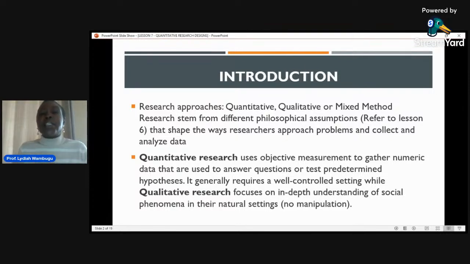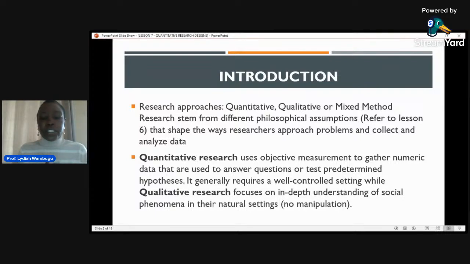But the quantitative researchers, or the positivists, look at reality as very objective. That is why we are talking about objective measurement, to gather numerical data that is quantifiable. And this is the data that is used to answer research questions or the hypothesis that you may have set.